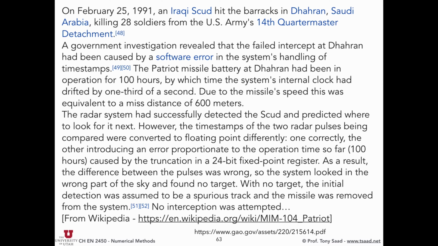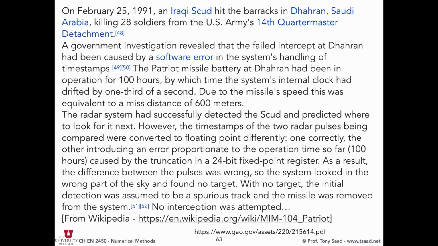So again, like I explained earlier, the radar sends a pulse every 0.1 seconds, and it turns out that the battery was running for 100 hours, and the internal clock stored the secondary pulse in a 24-bit register rather than a 48-bit register.